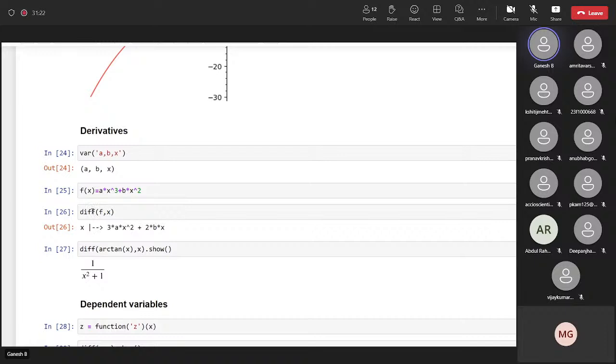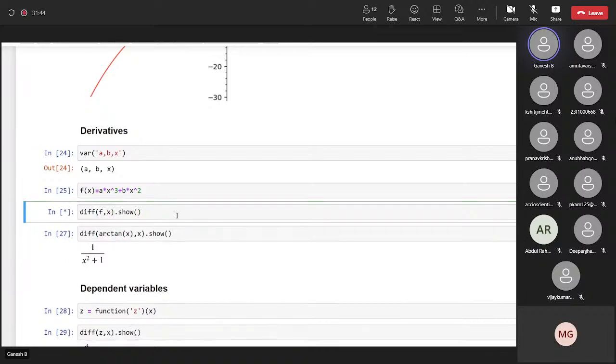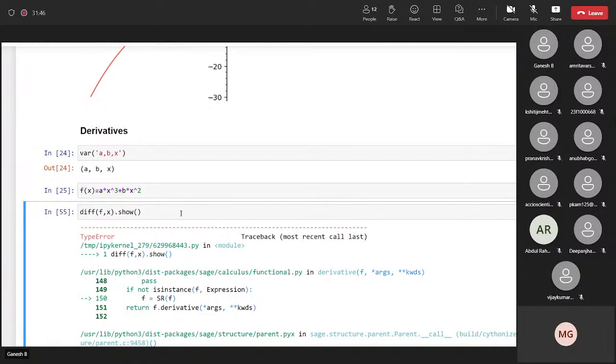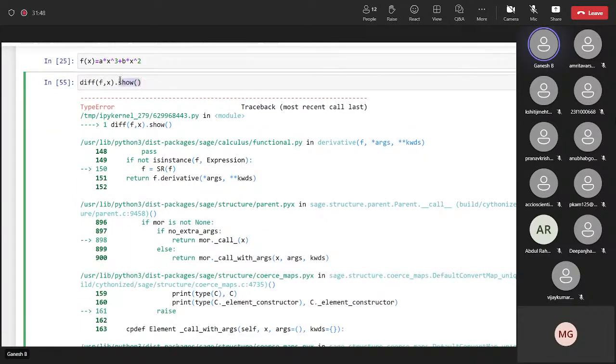So very useful. And I don't even have to say f of x, I'll just say diff of f comma x. What this says is, whatever function you pass, and what you would like to differentiate it with respect to. So I want to differentiate f with respect to x, and this is the output. I can take it as well. Oh, can't really.